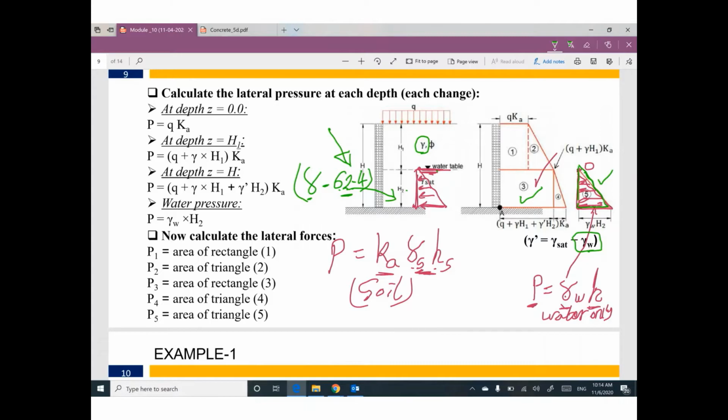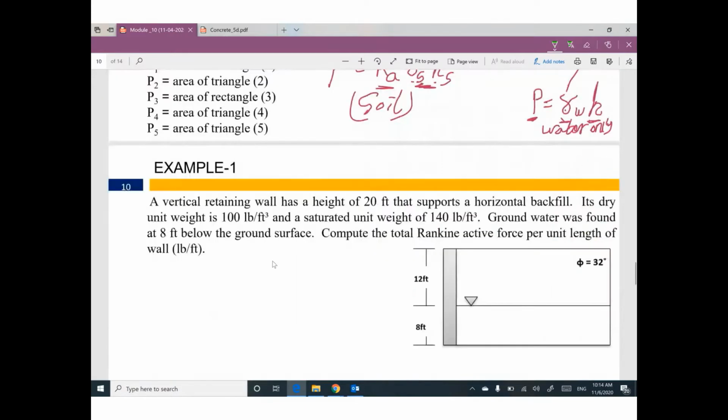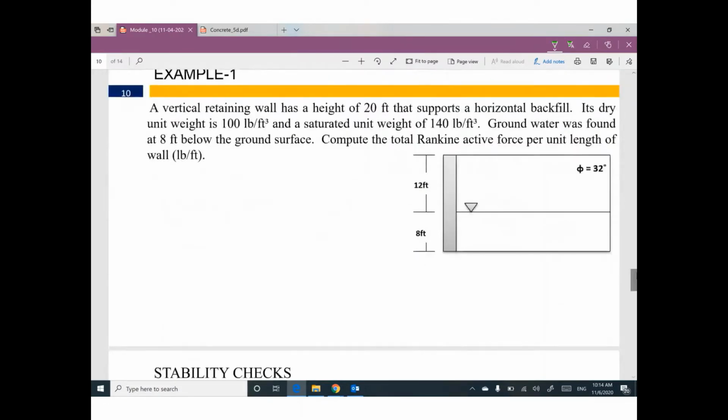Let's start to do example number 1. We have a retaining wall. This retaining wall is supporting the soil on the right side. Here is the ground surface. So I believe this one will be active because this soil is trying to push this retaining wall to this side.